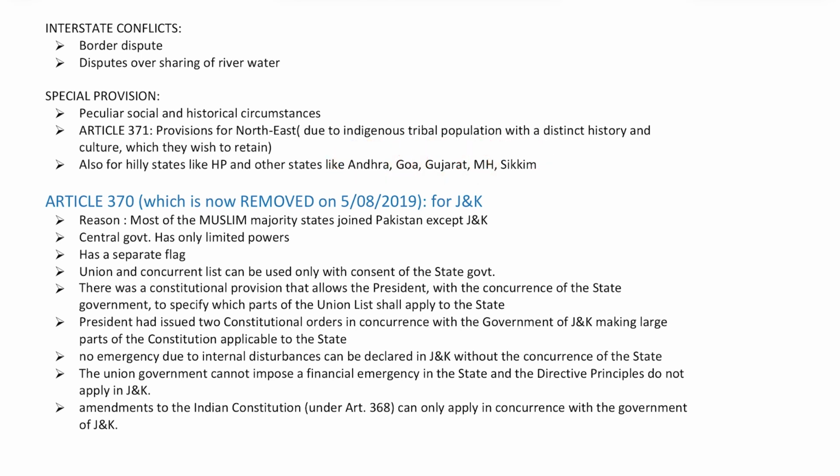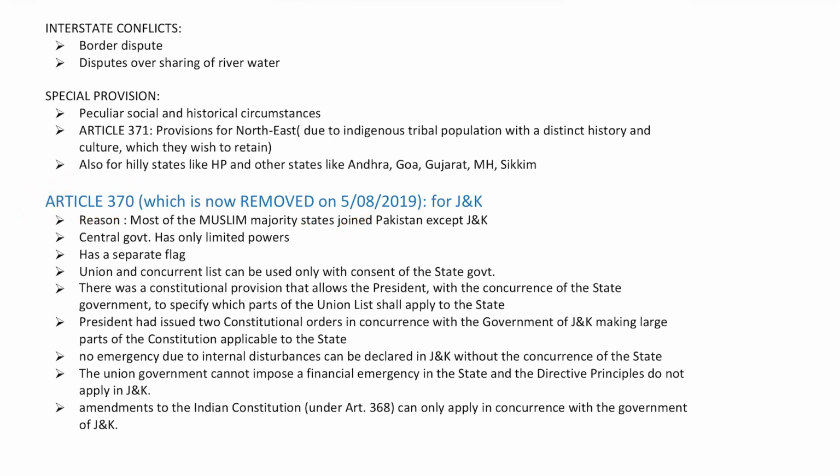Also there was Article 370 for the erstwhile state of Jammu and Kashmir, which was removed on 5th of August 2019. So according to it, the reason was that most of the Muslim majority states joined Pakistan except Jammu and Kashmir. So the central government had only limited powers according to Article 370.